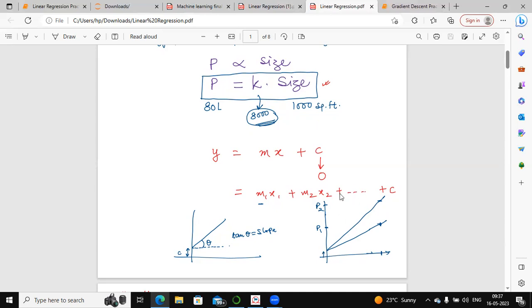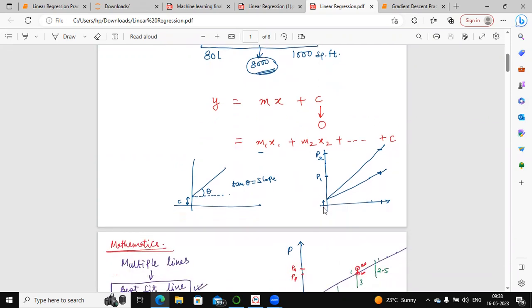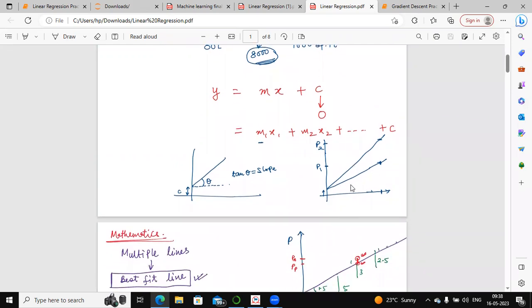So instead of plus C1 and plus C2, we'll write C, because the intercept is over here for both the slopes. So we have point P1 and point P2, we are passing the data. So the equation of the line is y is equal to M1 x1 plus C, and y is equal to M2 x2 plus C. Okay, since the intercept is only one point over here for both the lines.